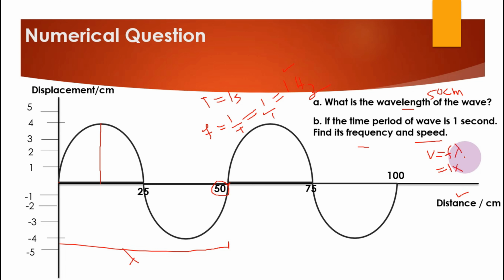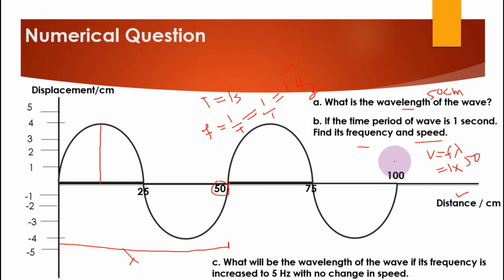Wavelength is 50. So we get the speed of the wave as 50 centimeter per second. So the frequency is calculated, that is 1 hertz, and speed is 50 centimeter per second, because I took this lambda in centimeters.